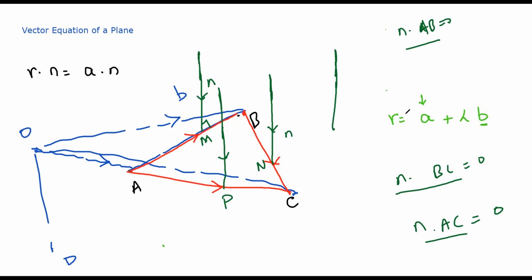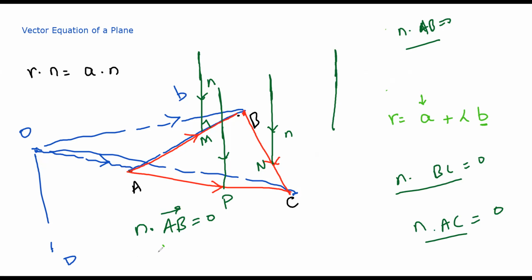ठीक है? Now let me write down that this n dot AB is going to be equal to 0. Suppose you know these points, both of these points we know.